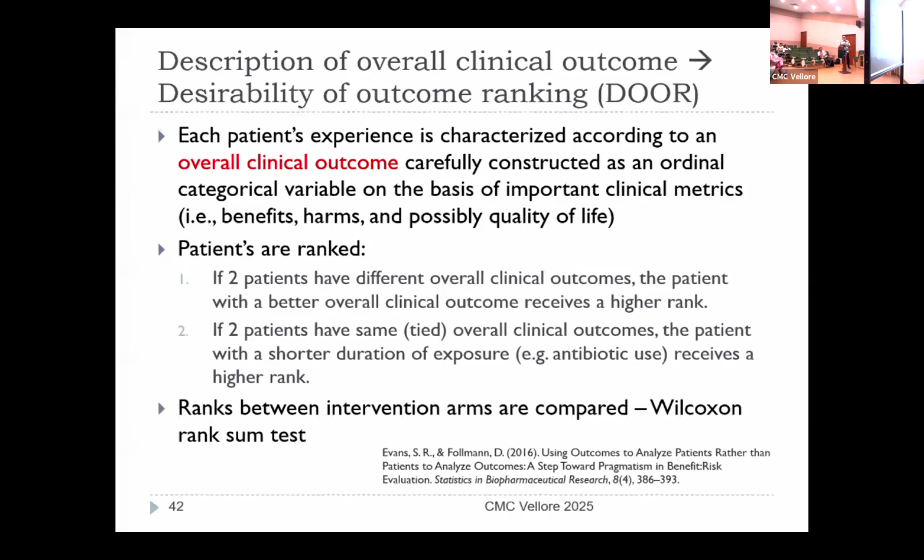So what happens is that patients are ranked. I take all of the different things. Let's say I still have these 4 things that I'm going to consider as important outcomes. And now I will do almost like a scoring, like you were proposing.